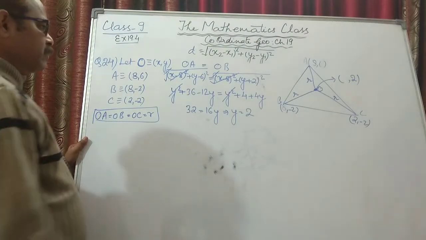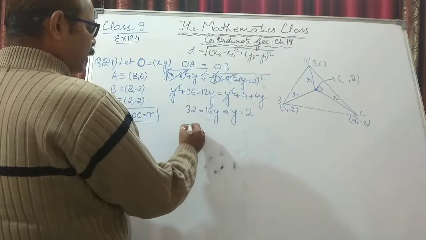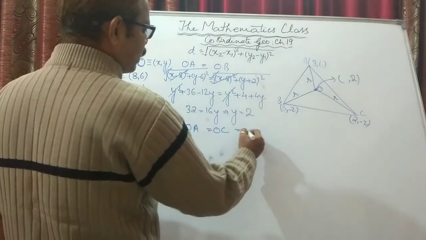Now we have to find out the value of x. So OA is equal to OB we have taken. Now we can take OA is equal to OC, because both of them are radius.